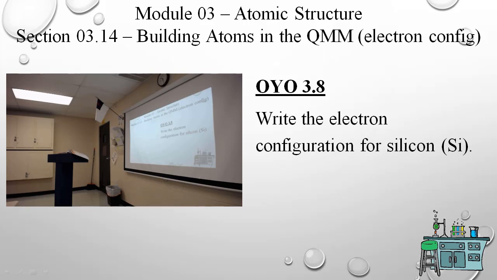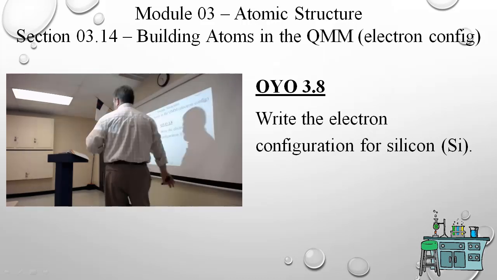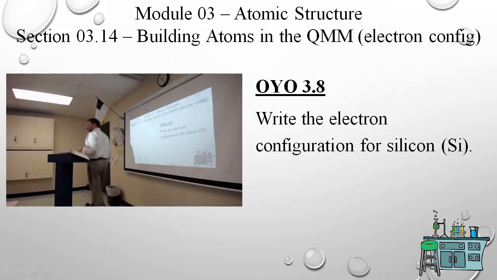What energy level? What row is it in? It's in the 3rd row, right? So the coefficient in front is going to be a 3, third energy level. What block is it in? P. What position is it in? 2. So 3p2 should be your last orbitals that are full.